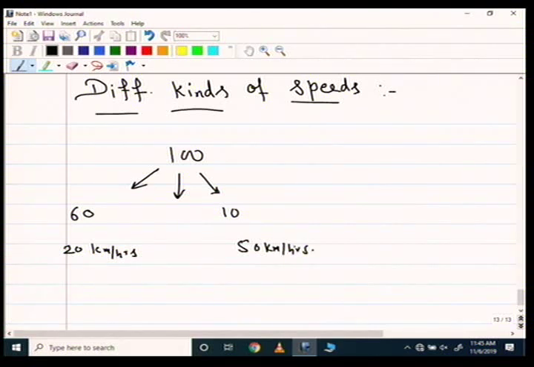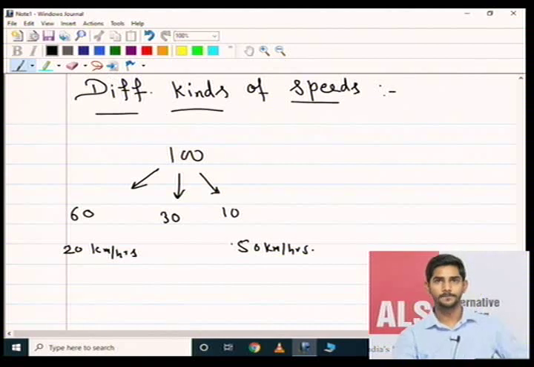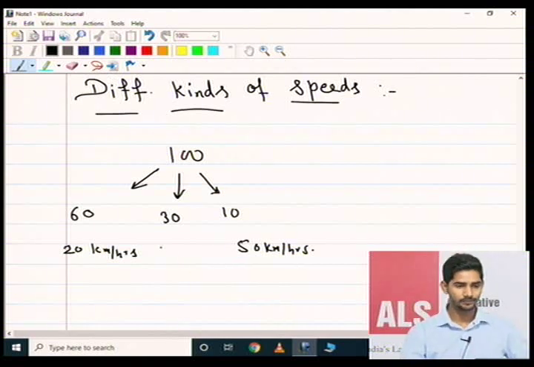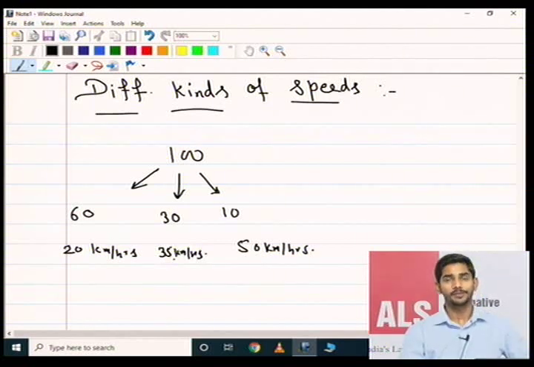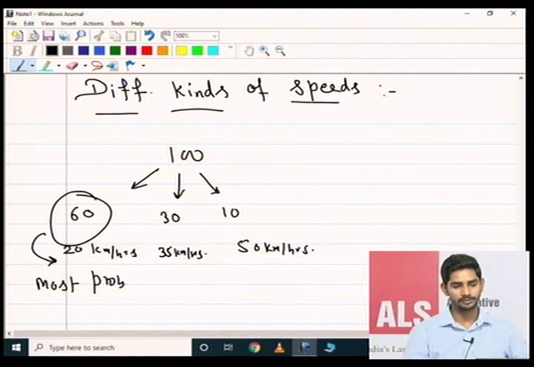Now, there is an intermediate speed which is possessed by 30%, and we can say that is 35 km per hour. So here, the maximum number of people having this velocity represents the most probable speed.